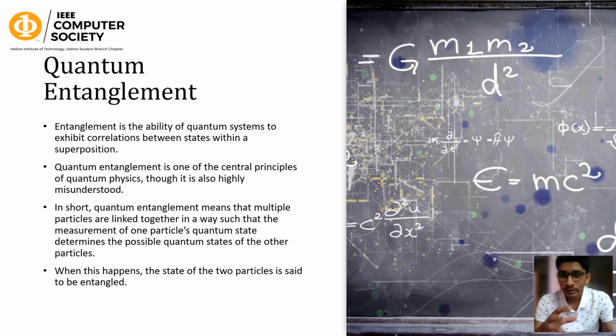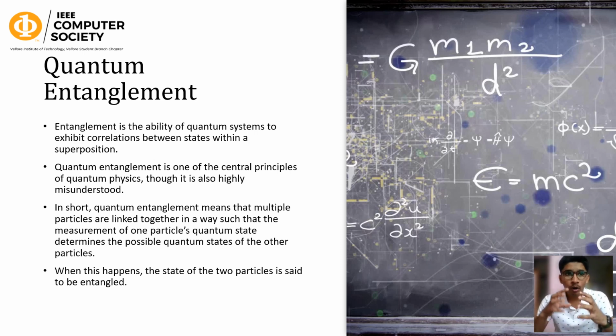In short, quantum entanglement means multiple particles are linked together in such a way that the measurement of one quantum particle or state is determined by the possible quantum states of the other particles. When this happens, the state of the two particles is said to be entangled. So, suppose I tell you there's an electron pair that exists in this universe.